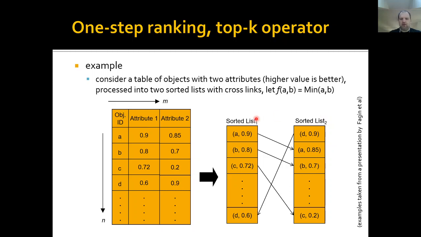So in the sorted lists, we have the individual best rankings on top and in descending order. But here is A, here is D. So now we need to process all of the lists to obtain the top K answer.